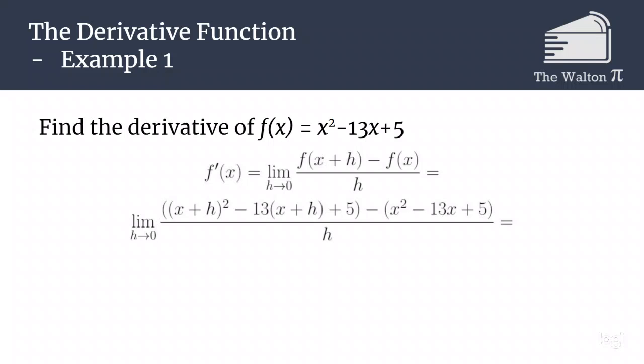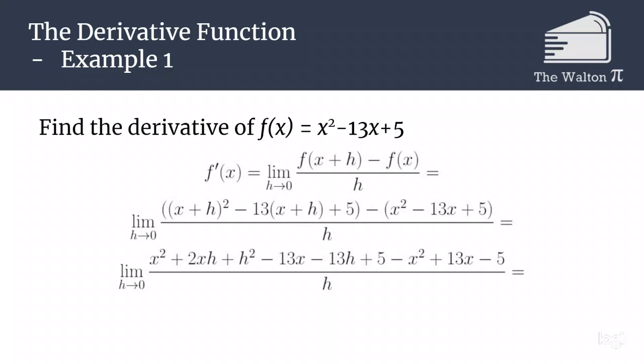Plugging in x plus h into our equation, we get this fairly large looking fraction, which when we expand it out, we are going to be able to see that a lot of the terms are going to cancel. The x squared and the minus x squared cancel, the minus 13x, the plus 13x, and the plus 5 and minus 5.